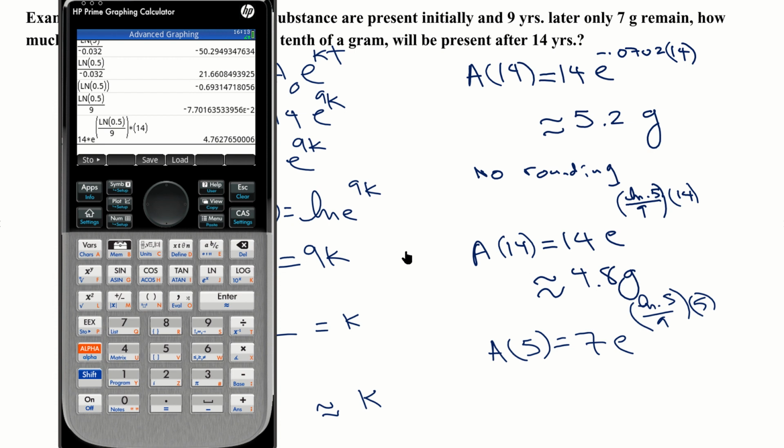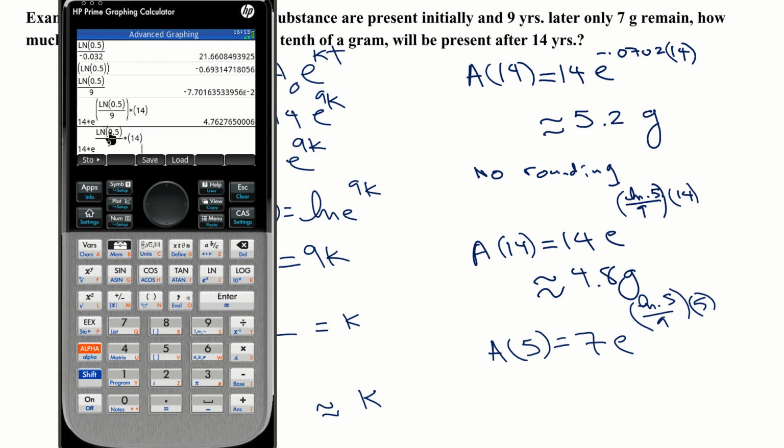So let's see. We're going to go here and replace that 14 with 7. And we're going to go up here and change that 14 to 5.